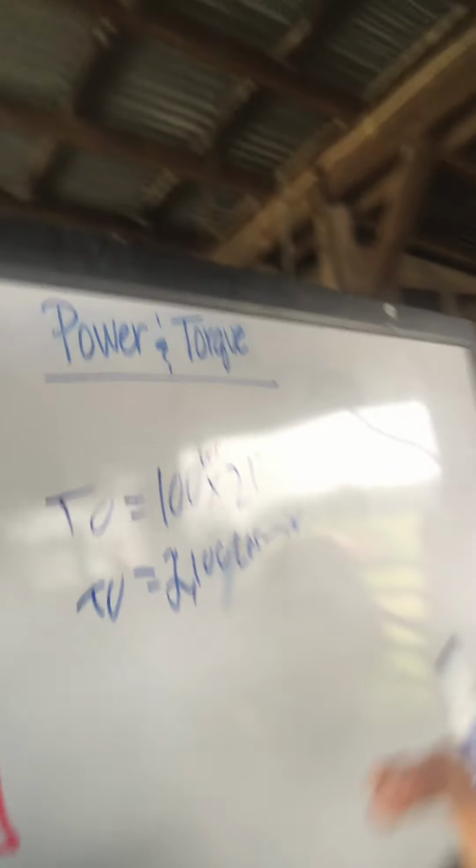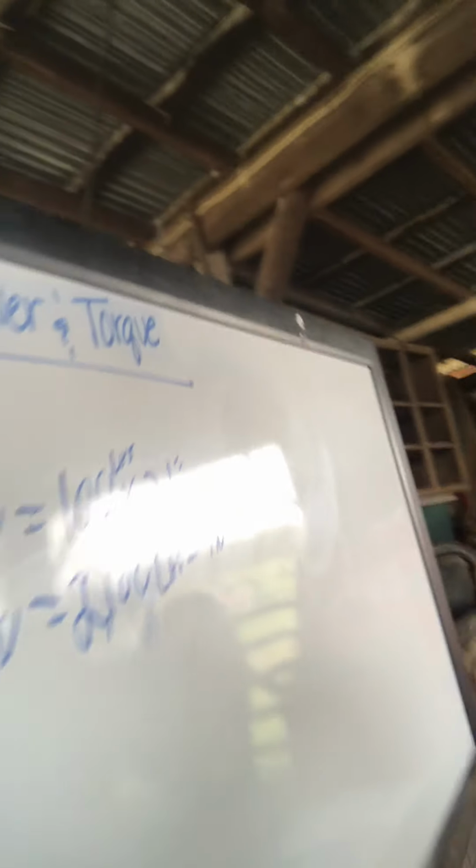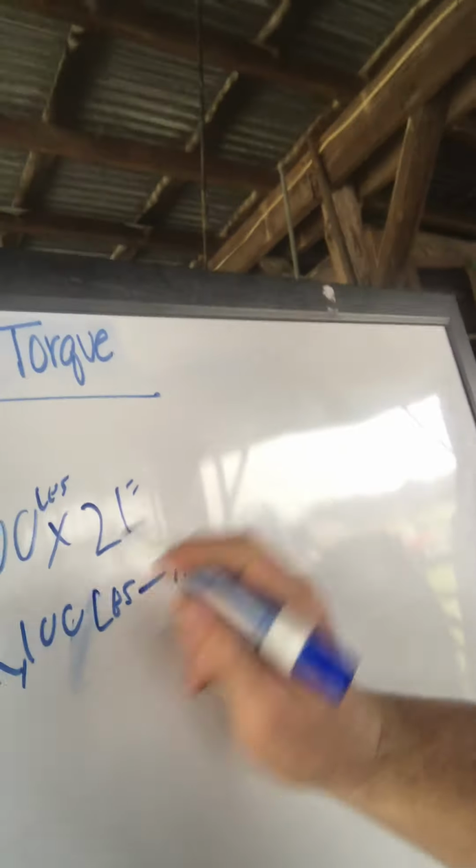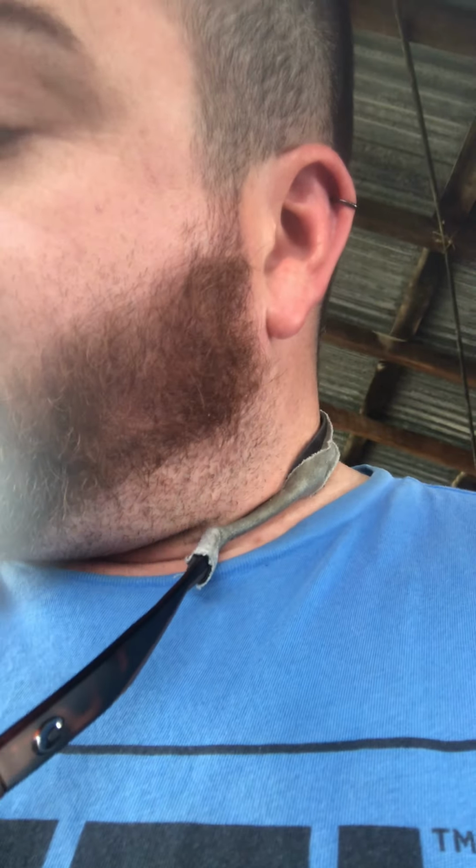So simple conversion, right? If we want to have this in foot-pounds, we could go back and convert this 21 inches. So how many feet is in 21 inches? Very, very simple math. 21 divided by 12 equals 1.75.